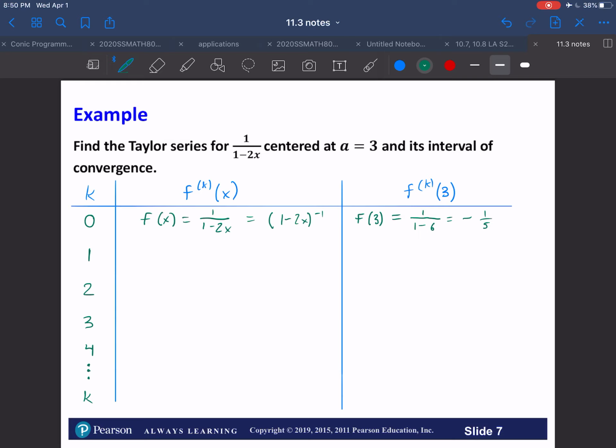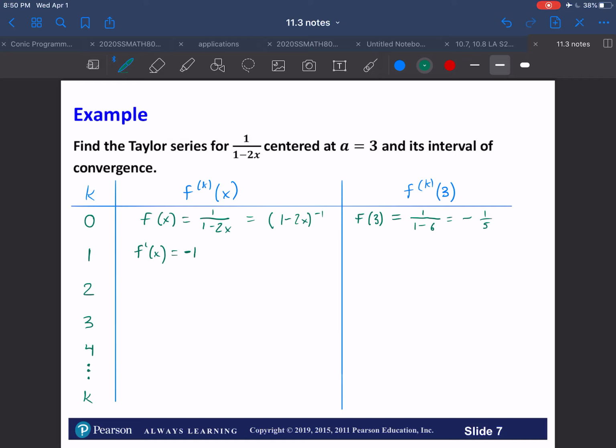All right. Next, we're going to take a derivative of this function. It's easier if we think about the derivative of this equivalent form, and we have to use the chain rule here. And so using the chain rule, we bring that negative 1 out front.